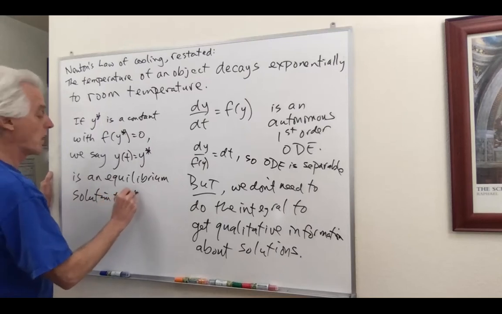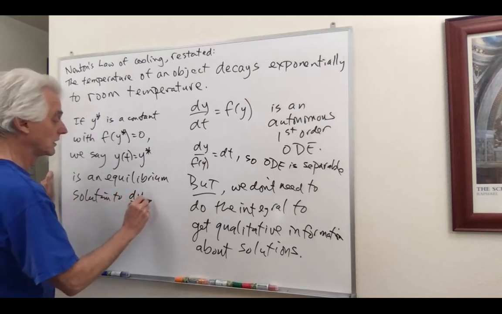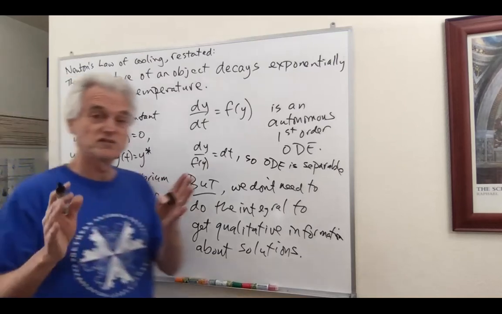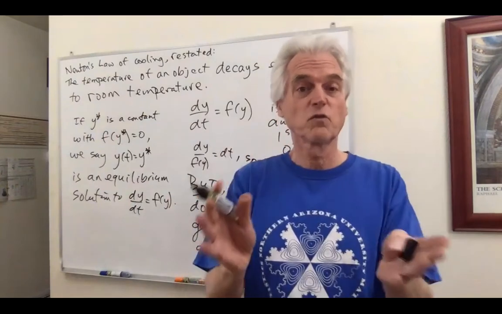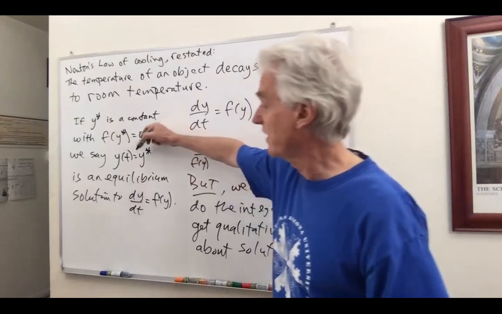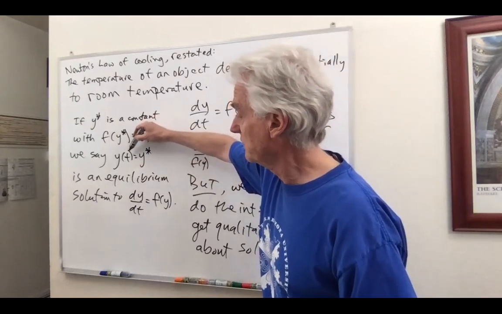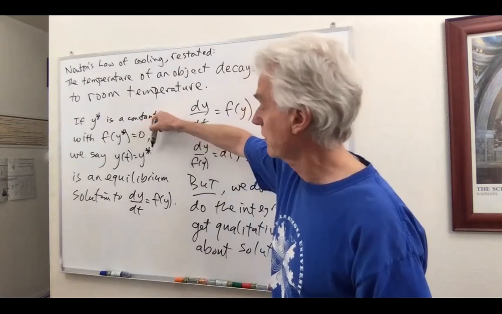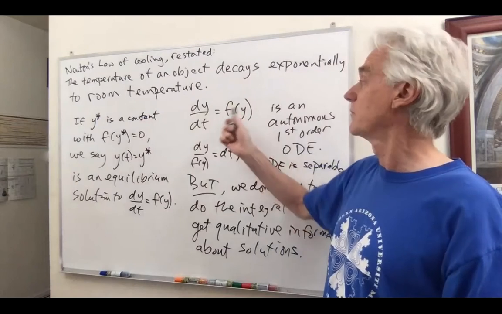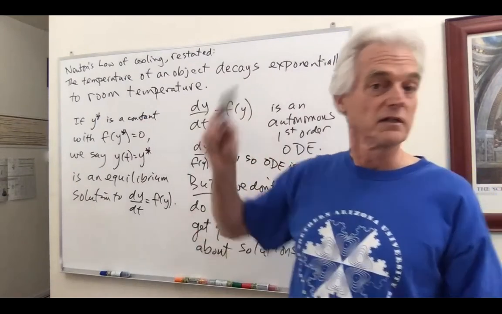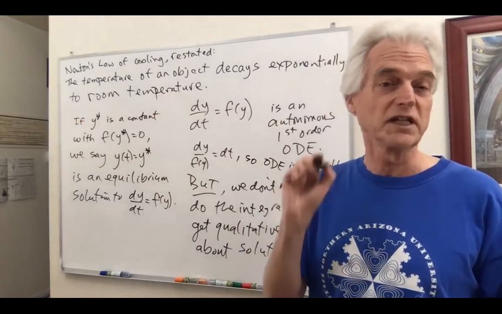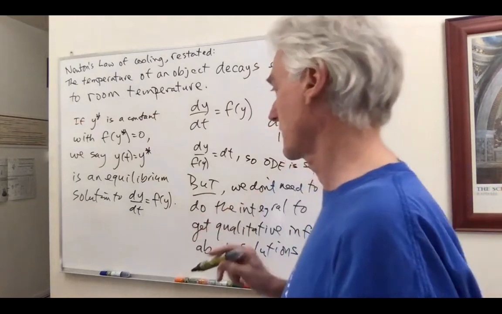Since dy dt is f of y, these are the values of y that give me constant function solutions, right? If the initial condition is y of 0 is y star, and I plug it into here, then dy dt will be f of y star or 0, and that solution will just stay put. I'll get a constant or equilibrium solution. Okay.